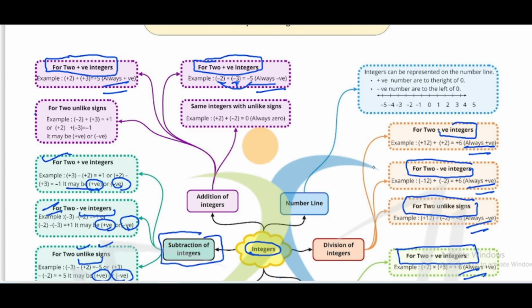Next, if we add two unlike signs, then the result may be positive or may be negative. Same integer with unlike signs, it means if we add two opposite and equal integers, it will always be 0.